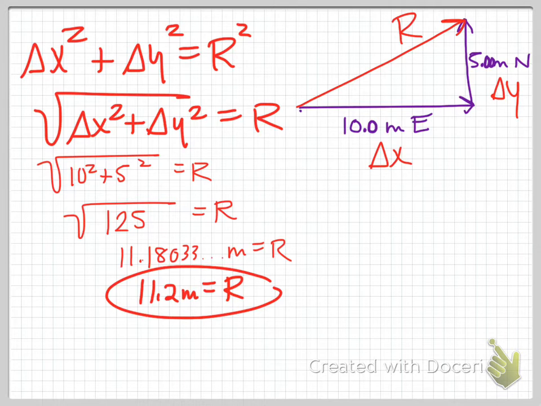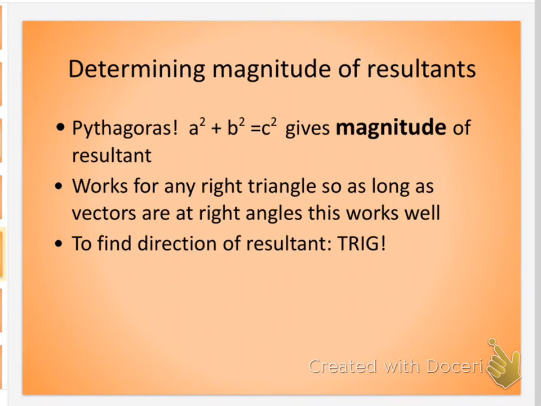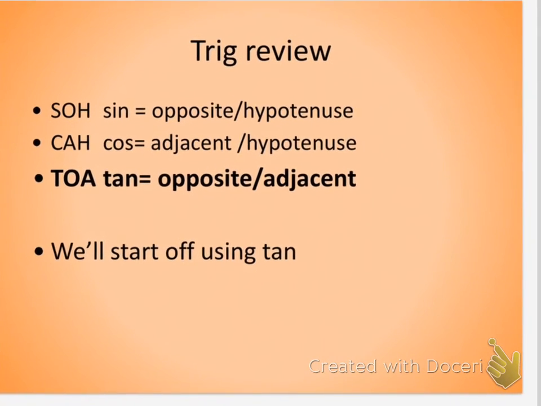What do we have to do? We have to use trig! Yay! Trig! I love trig. Tangent. Let's do a quick trig. We know that Pythagoras gives us the magnitude of the resultant. And then to find the direction of the resultant, you got it, we have to use trigonometry.